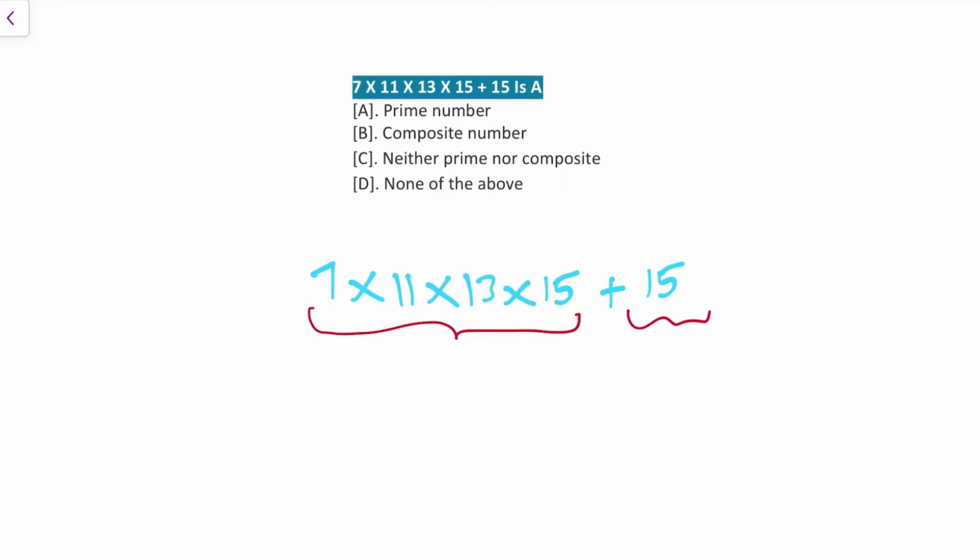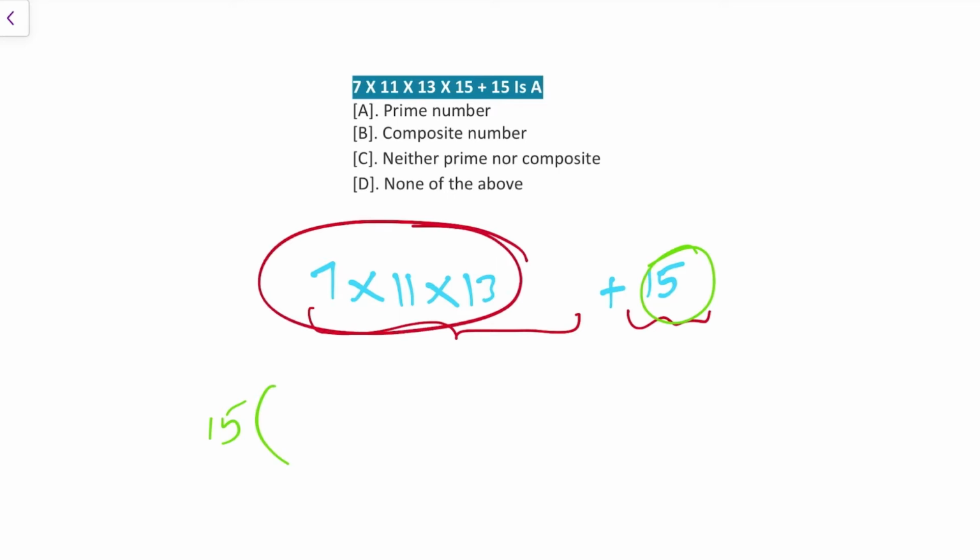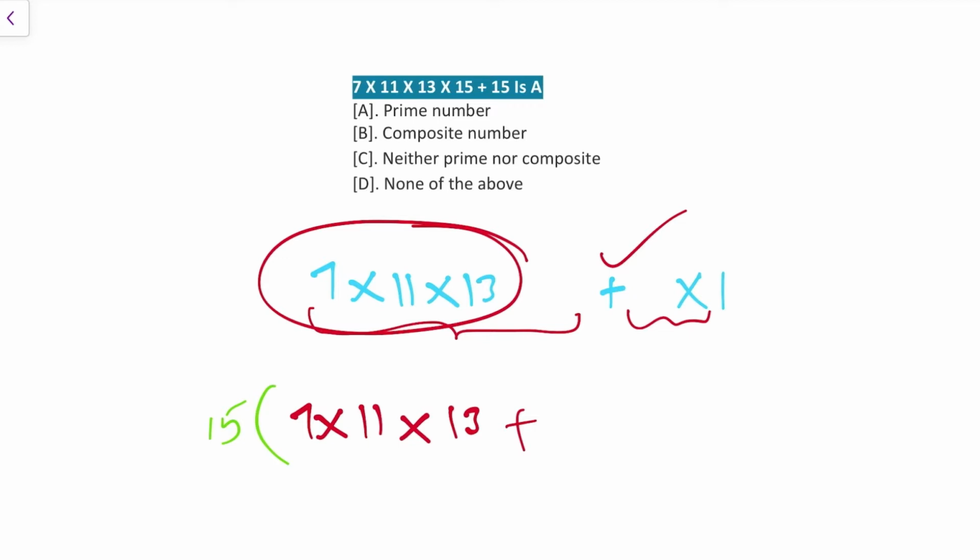In these 2 terms the number 15 is common, so I will take out 15 common. Then I remain with 7 into 11 into 13 in the first term. The plus symbol stays as it is. From the second term I already took 15 common, so nothing is there, and whenever nothing is left, it always remains 1.